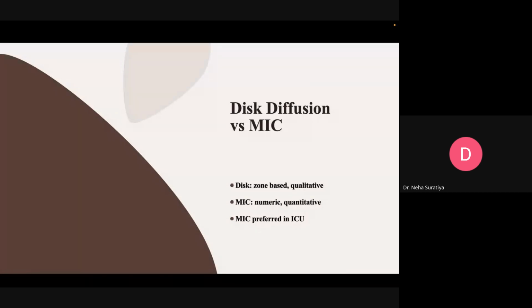After incubation, they measure the zone of inhibition, the clear round area around the disk. If the zone is large, it is susceptible. If it is small or there is no zone, it is resistant. So the result is mainly qualitative, not numeric. Disk diffusion does not tell us how much drug is needed to kill the bacterial growth, only whether it works or not. That is what disk diffusion is telling you.